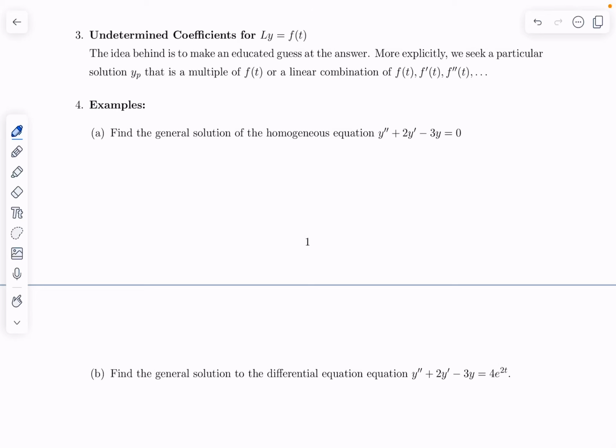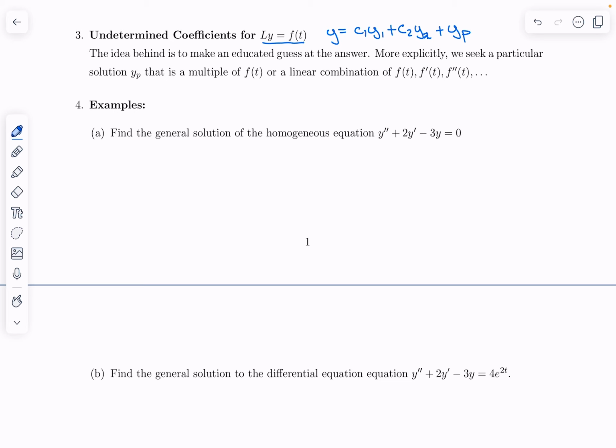In the previous video, we saw that the general solution to the non-homogeneous equation Ly equals f of t is a solution of the form c1y1 plus c2y2, where y1 and y2 solve the homogeneous differential equation, and a particular solution that solves the non-homogeneous differential equation.